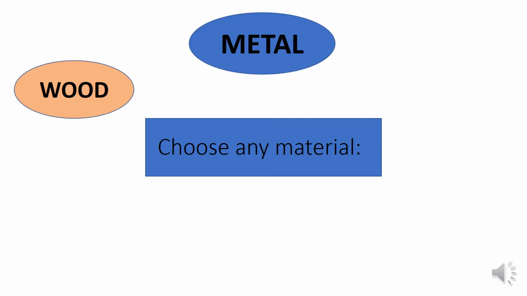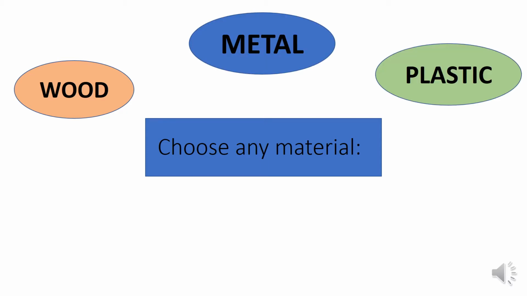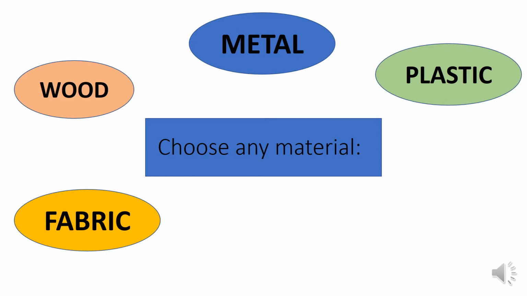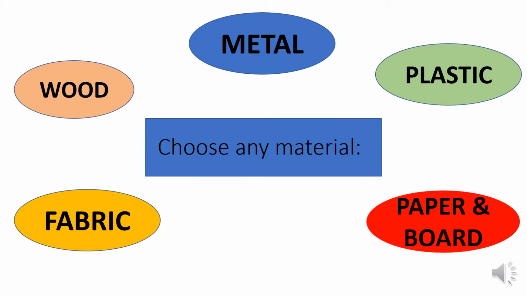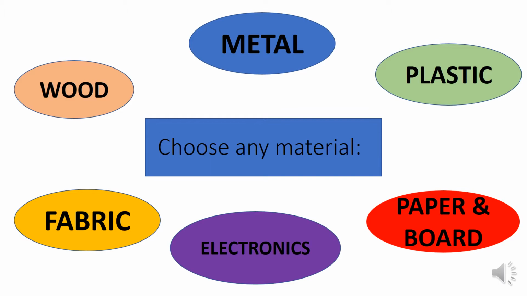Now you can choose any material for this, so you can work in wood, or you can work in metal, plastic, fabric, textiles if you want, paper and board, and you can also incorporate electronics into it as well. So you can use one, some or all of those materials for your actual design challenge.